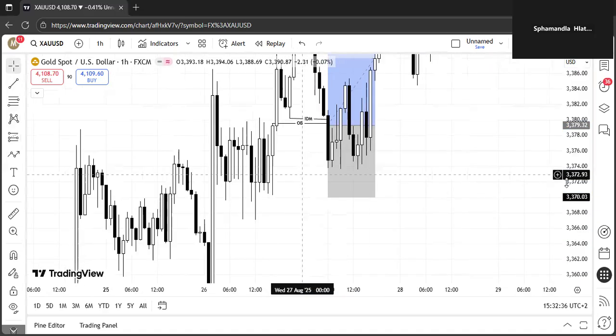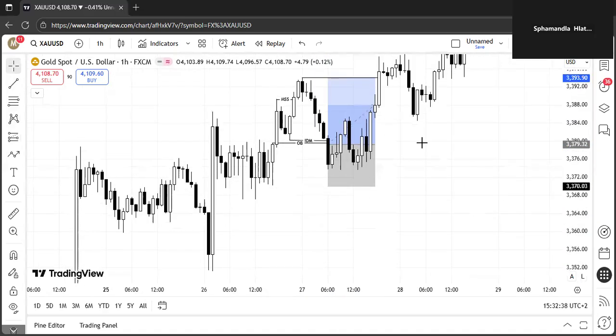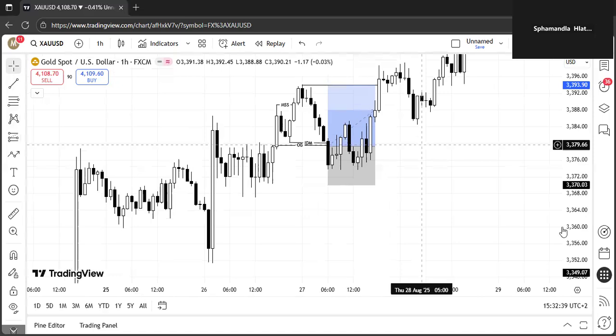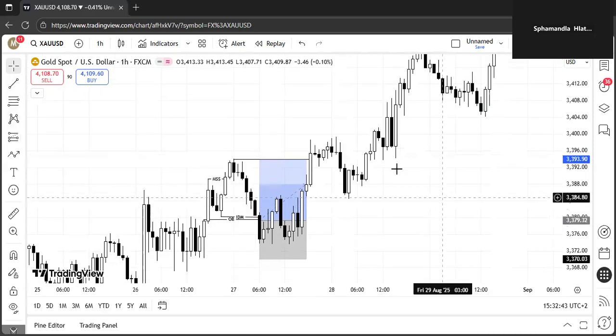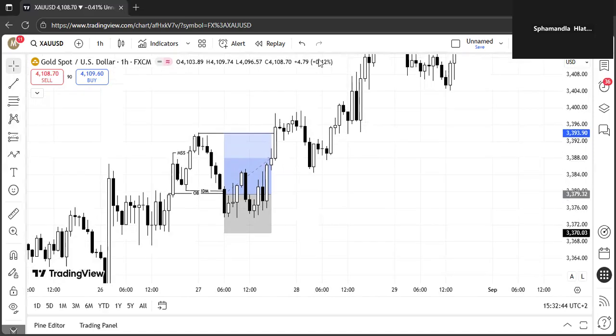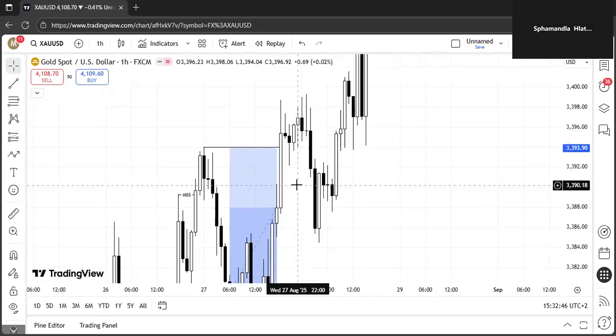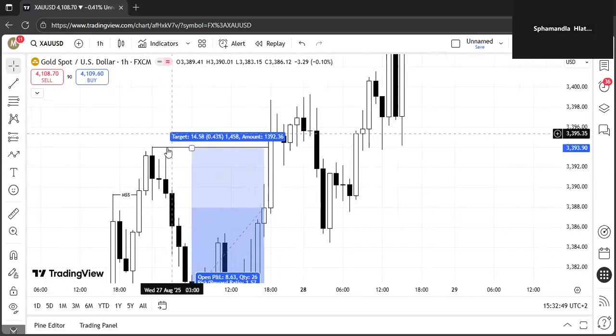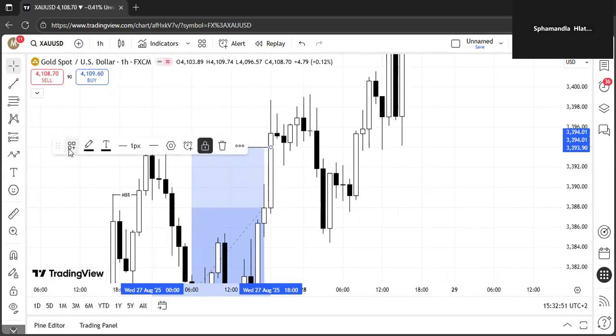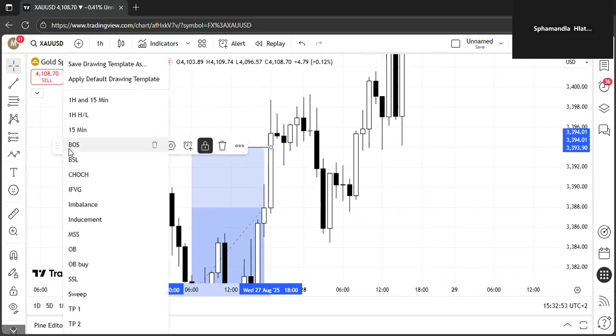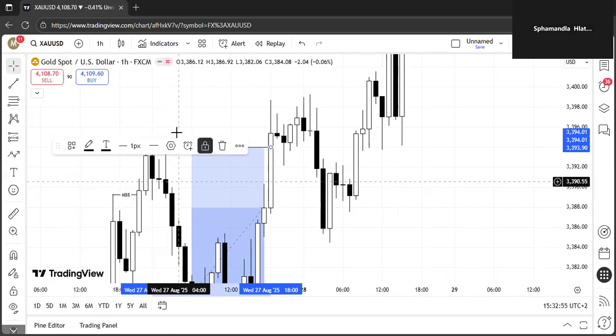So judging by what I'm seeing, it came 2 days in a row because the next one is also a reset point. It's reset point after reset point. But just make sure that behind the reset point is a break of structure, like our buy side liquidity right here.